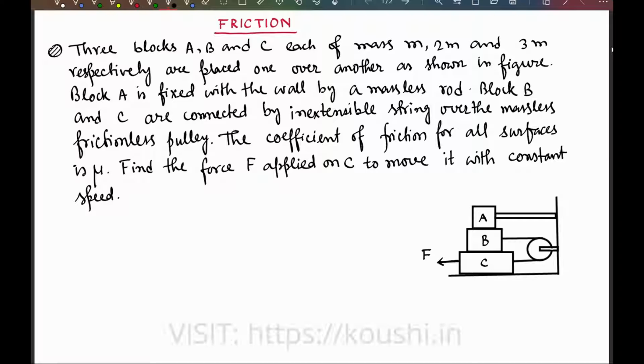Here F is the force applied on C to move block C with constant speed. Therefore, the resultant force acting on block C is 0. We consider the friction here between block A and B. This is F1.